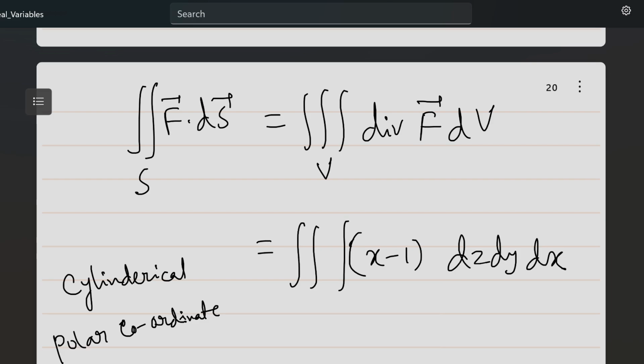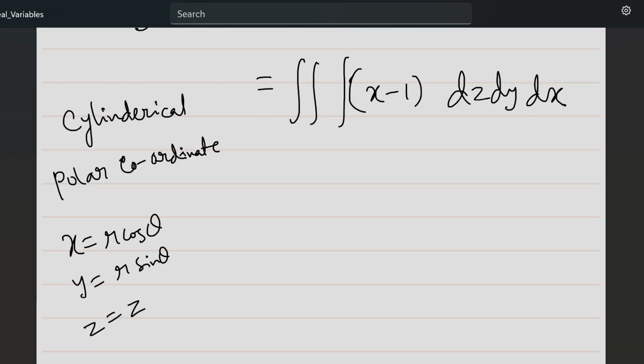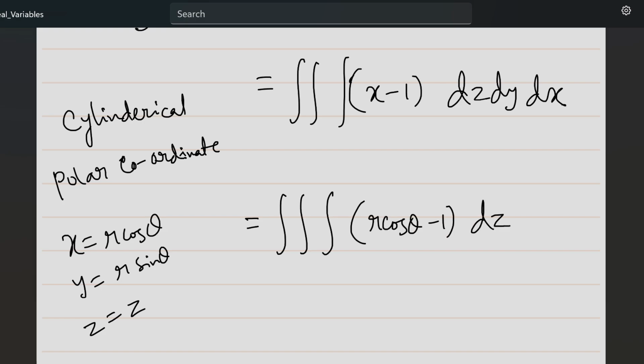So cylindrical polar coordinates means x equal to r cos theta, y equal to r sin theta, and z equal to z. So tell me what is dx dy dz in cylindrical polar coordinates? dz is dz.